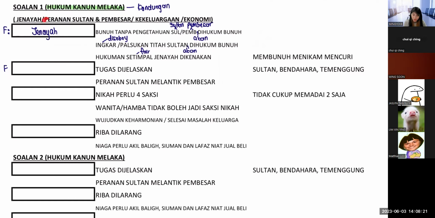Now we move on into peranan sultan dan pembesar here. So you write there, peranan sultan dan pembesar. In exam, you cannot write this symbol. You have to write dan, D-A-N.